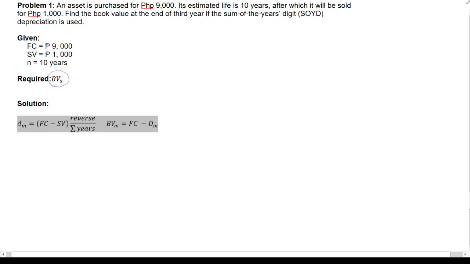So if we are going to use the formula for sum of the year's digits, that is equal to the first cost, which is 9,000, minus the salvage value, that is 1,000, multiplied by the reverse. Since that is the sum of the years, it is equal to 10 plus 9 plus 8 plus 7 plus 6 plus 5 plus 4 plus 3 plus 2 plus 1, so that is equal to 55.